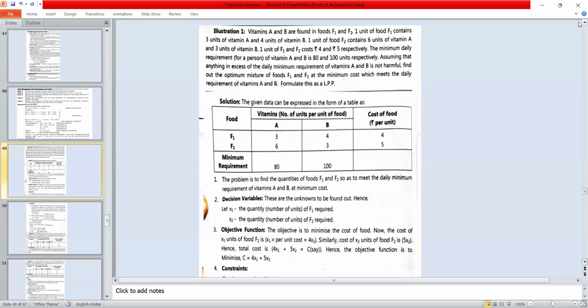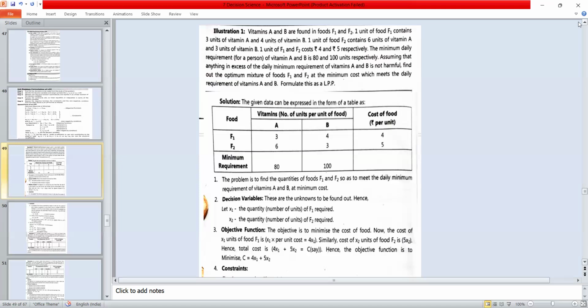So decision variables, these are the unknowns to be found out here. Okay. So we consider X1. We want F1 and F2 quantities. So we assume X1 as the F1 quantity.